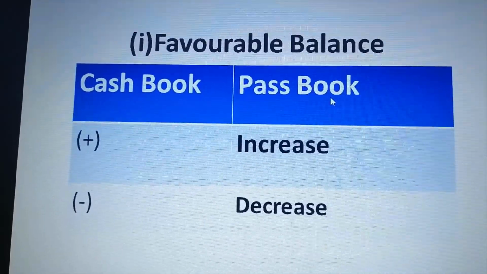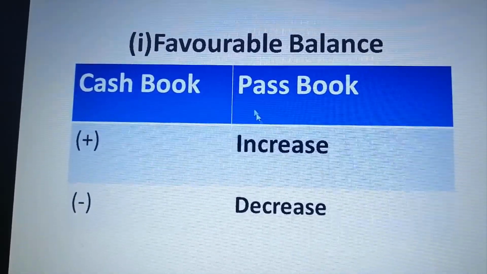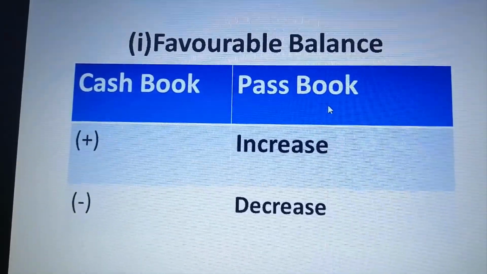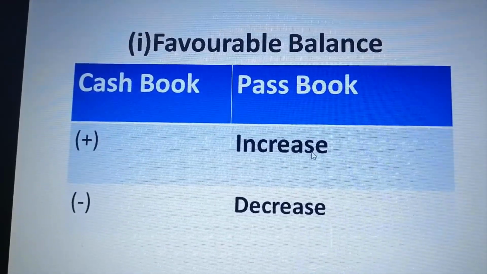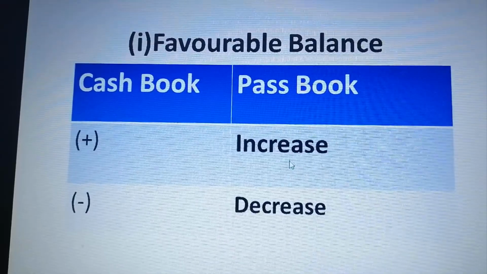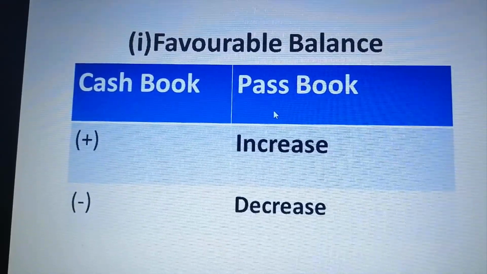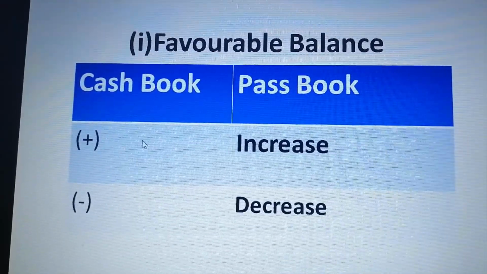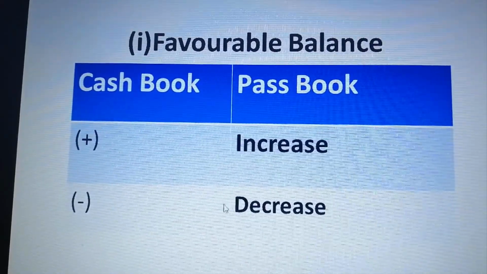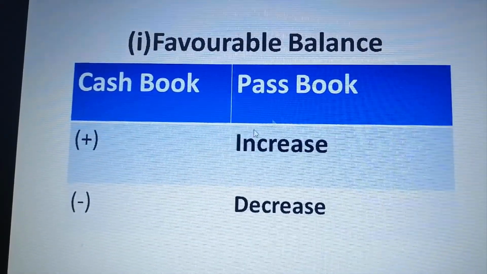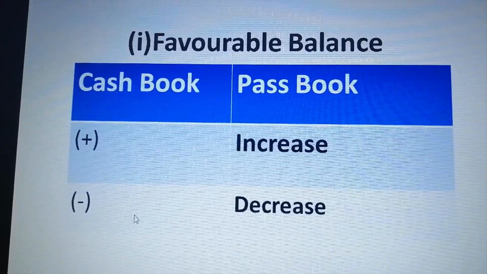Just see what is the impact on passbook balance because of a particular transaction. Clear? If the transaction leads to an increase in the balance of passbook, that will be added back to cash book balance. If the transaction leads to a decrease in the balance of passbook, it will be deducted from cash book balance. Clear?